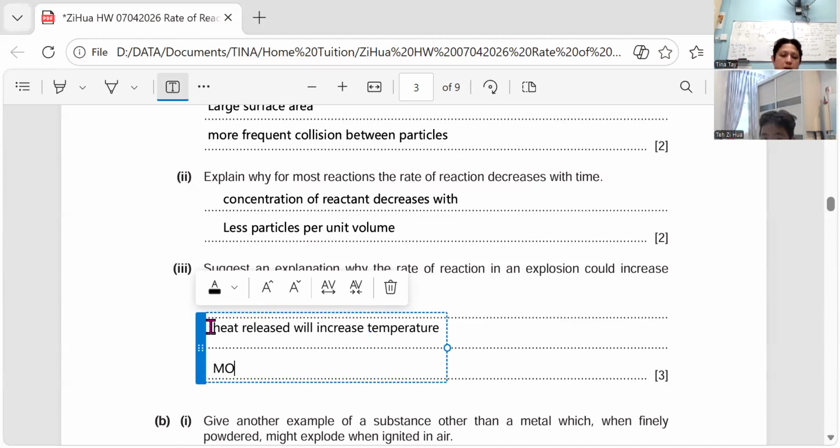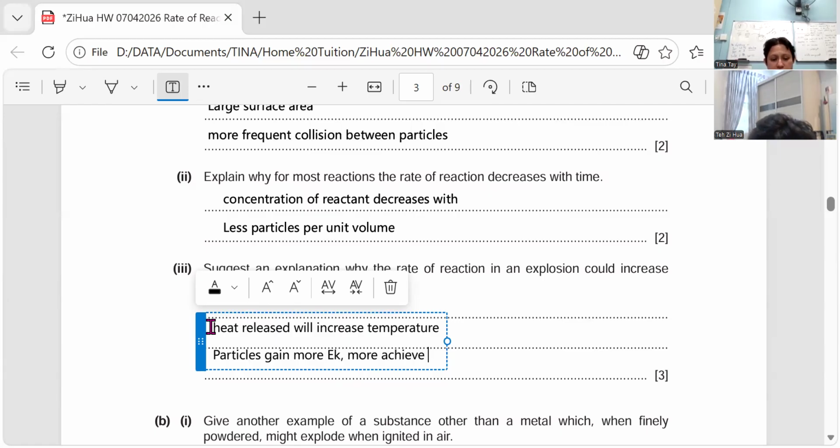More particles achieve activation energy, and then more collision.